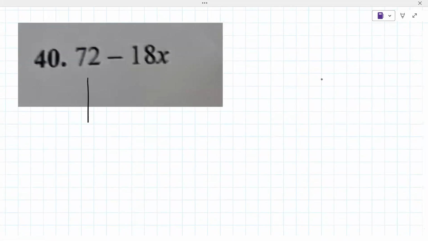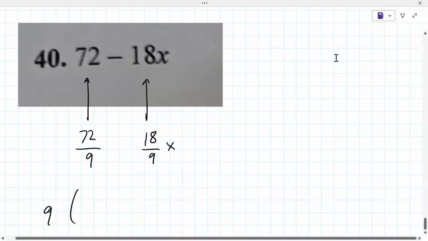All right. What's the biggest number that goes into 72 and 18? 9. Okay, so let's divide both by 9. 72 divided by 9, 18 divided by 9. What does that become? That becomes 8 minus 2x. Now, is there a number that goes into 8 and 2? 2.